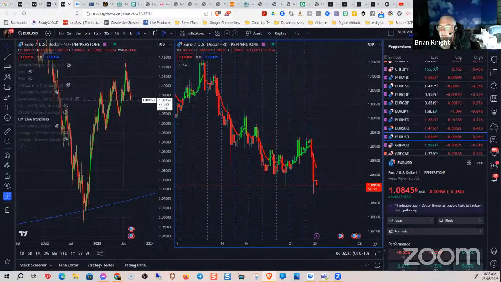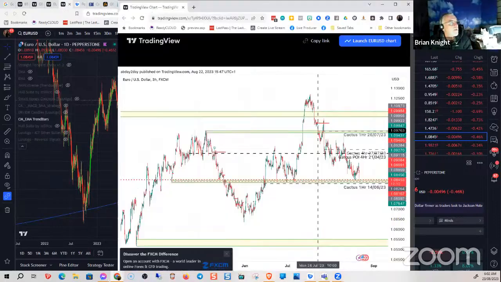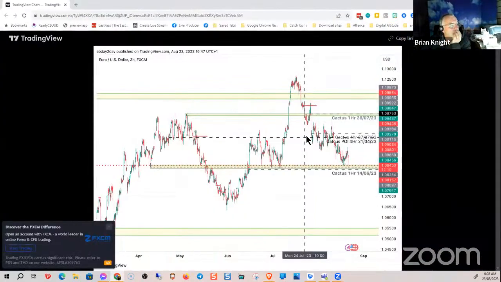Alistair put something in the group. I didn't get a chance to actually look at it because I only saw it this morning. What was this one? Oh yeah, hang on. I'll just bring that across. He was just talking about the fact that it had come back to this area here, I think.